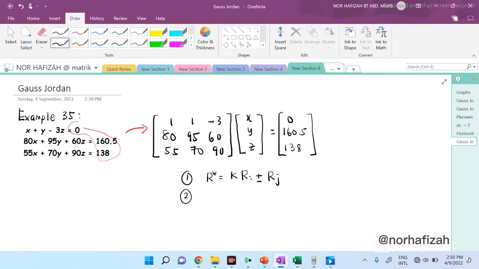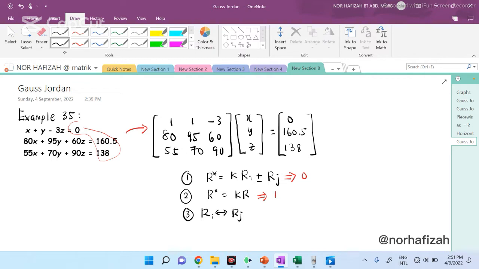We can multiply with any scalar to make an entry become 0, or make it become 1. Or you can also exchange rows, so row i exchanges with row j.